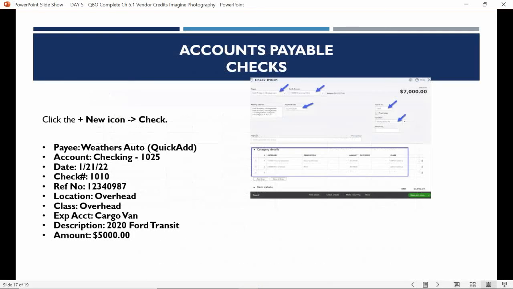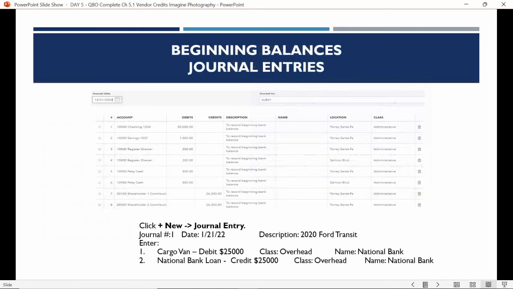How do I acknowledge that I have a loan? Remember we entered that loan into our chart of accounts, so I need to create a journal entry to represent that I paid for the cargo van using a loan.